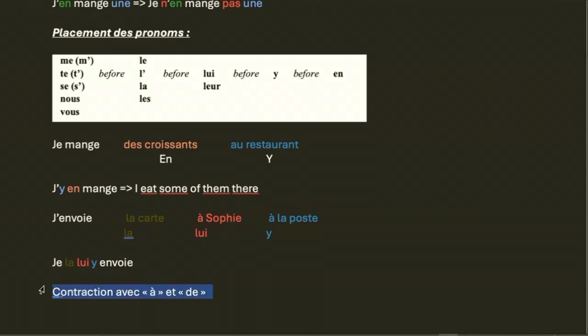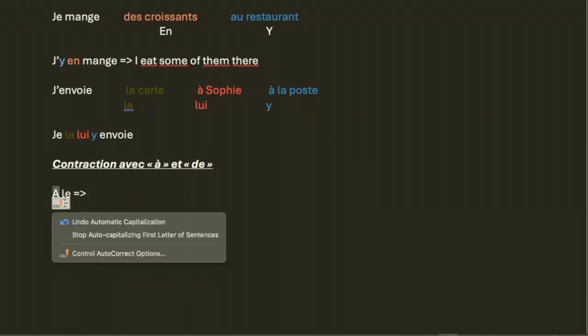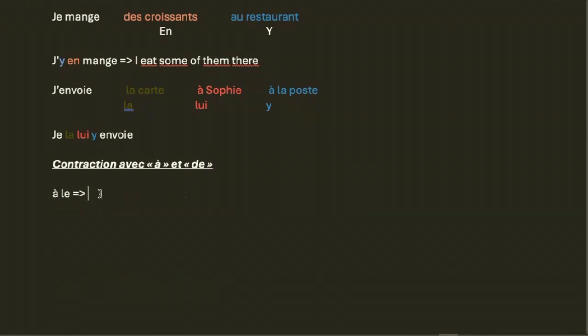So, for example, à le, b comme au. À les, b comme aux. D'accord? De le, b comme du. De les, b comme des.